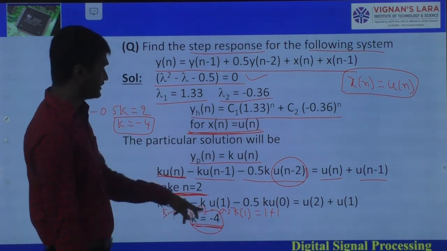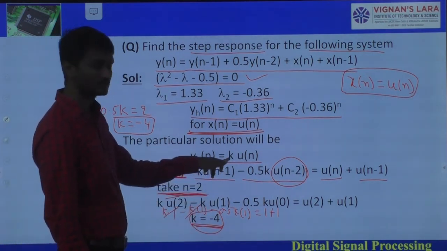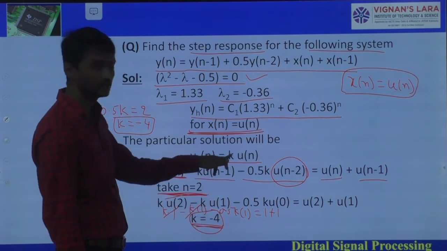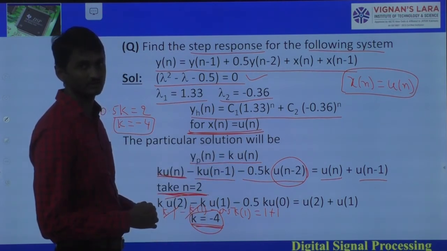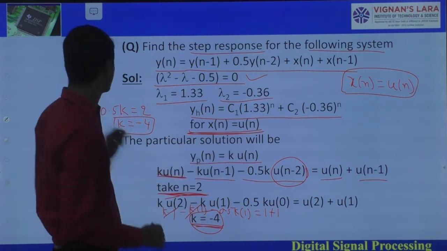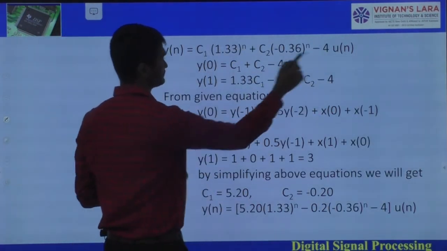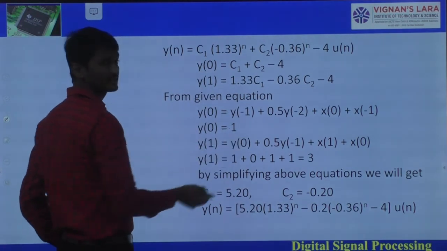Then we substitute that k value in the particular solution. So the particular solution yp[n] is equal to minus 4 into u[n]. Next, we add the particular solution.